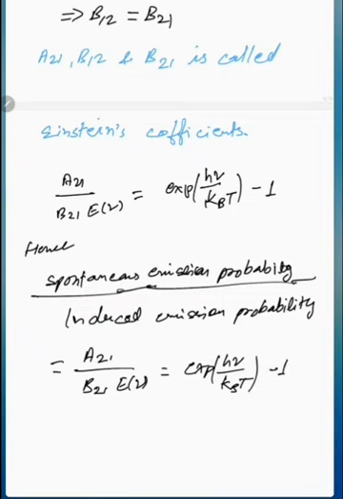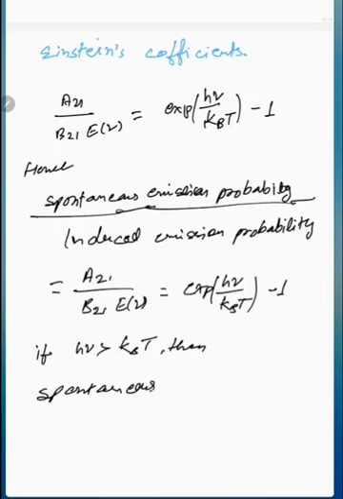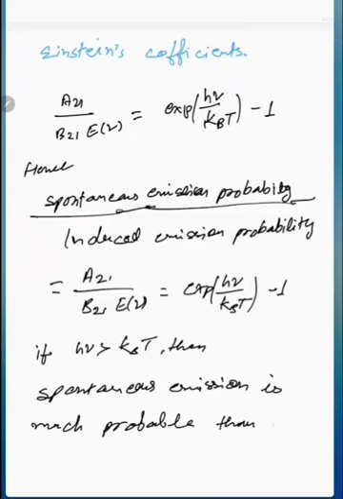That means the ratio of spontaneous to induced emission probability is equal to exponential h nu by KBT minus 1. Now, when we see this equation, if h nu is greater than KBT, then spontaneous emission is much more probable than induced emission. Then spontaneous transition is much more probable than induced transition.